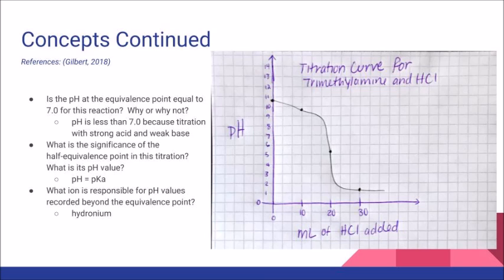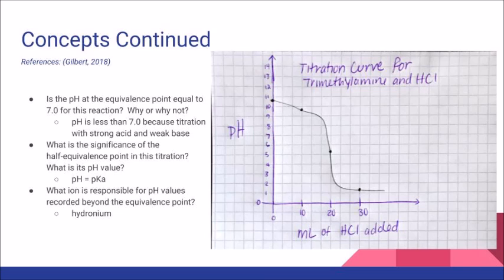The half equivalence point is interesting because it is the point at which the concentration of the added base is equal to half of the original concentration of the acid, or in this situation, the opposite. So the concentration of added acid is equal to half of the original concentration of the base.